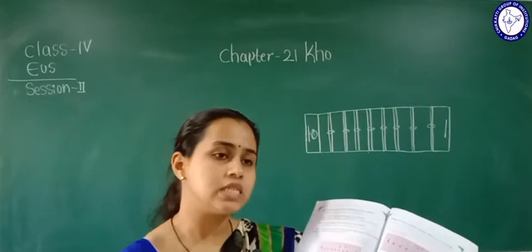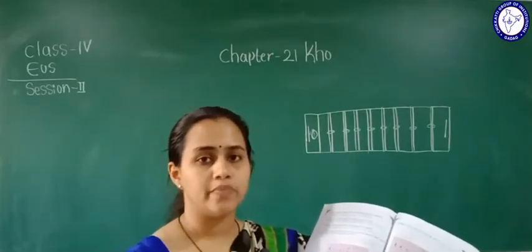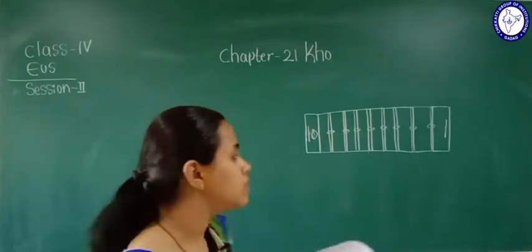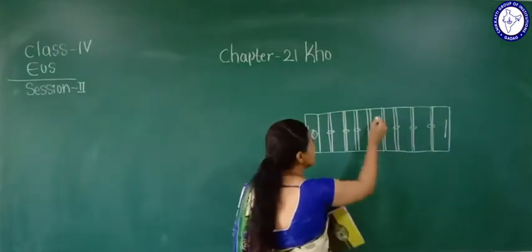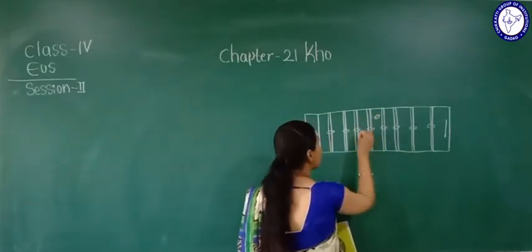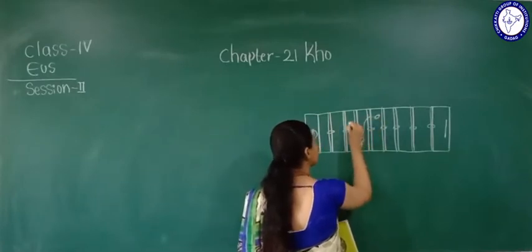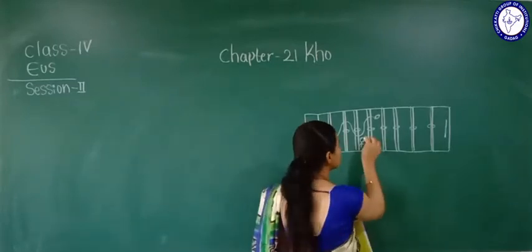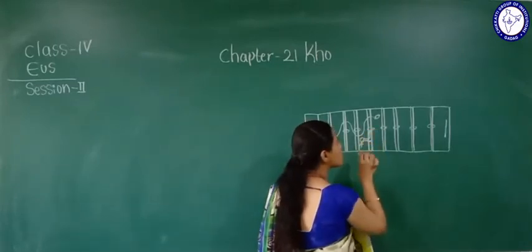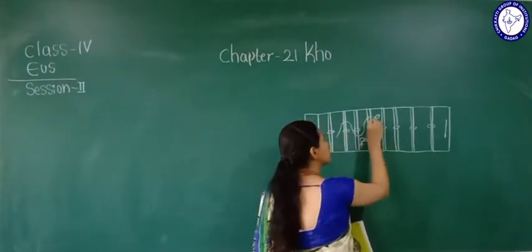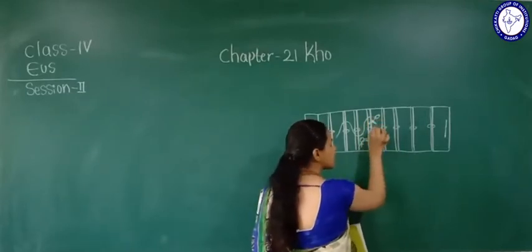The red team has to go by the circle only, they can't go in the middle. If the blue player is here and the red player is here, he can go from anywhere, but not this red player. At that time he can give kho, where he taps the back, and he can go from here. He can stand and catch, and this person can sit here.